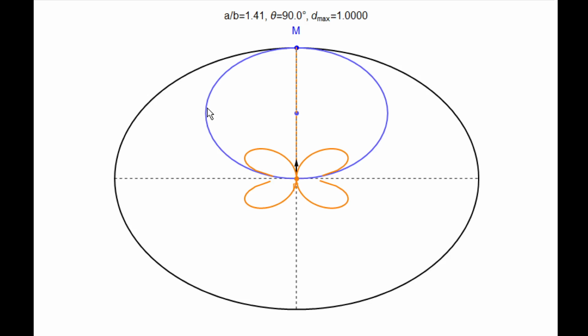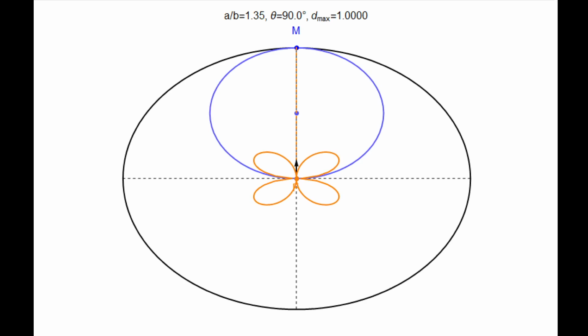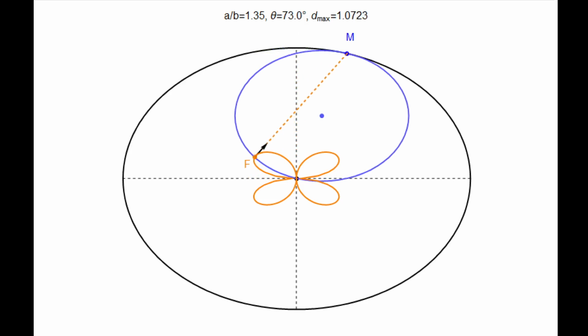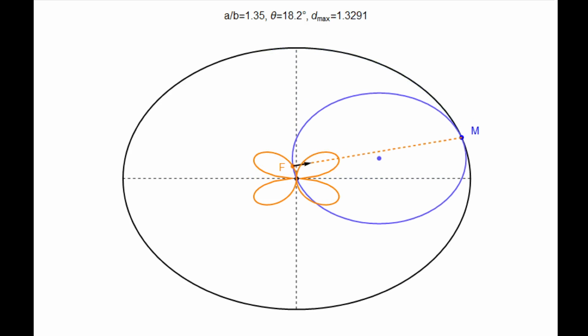So I'm exactly at square root of 2. Let's go a little bit below that, and so we can actually close this 4-leaf clover, and we can now watch what's happening to my locus as I traverse the ellipse.